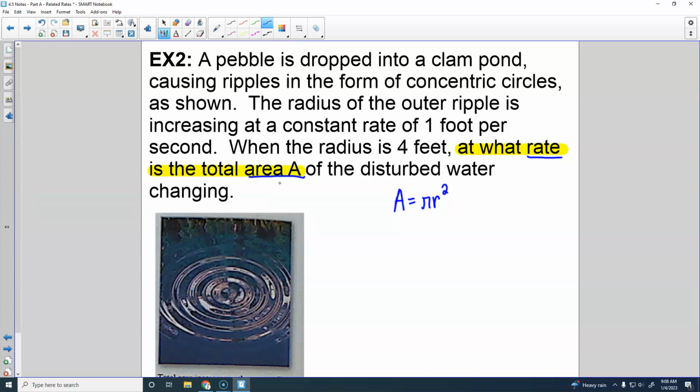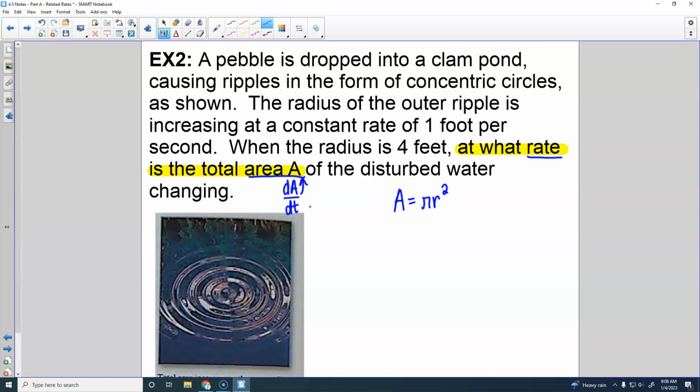Not A. A prime or dA/dt. We really want to use dA/dt here instead of A prime. The reason is that A prime would sort of indicate that it's with respect to the variable in the problem, whereas when we have dA/dt, we know what variable we're dealing with respect to. So this is asking us for dA/dt. That's what we're trying to find.